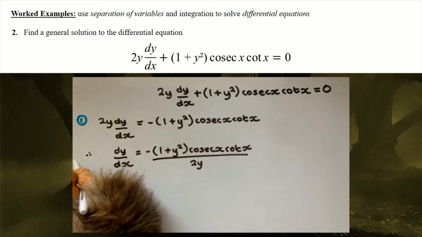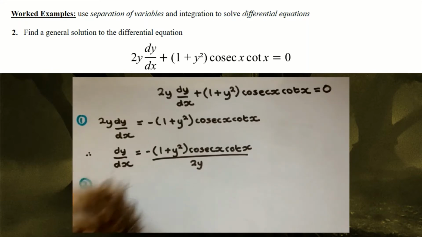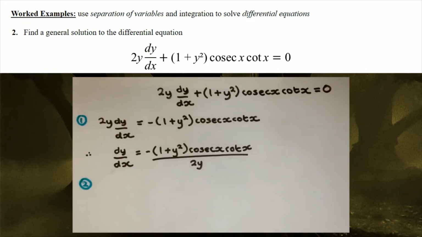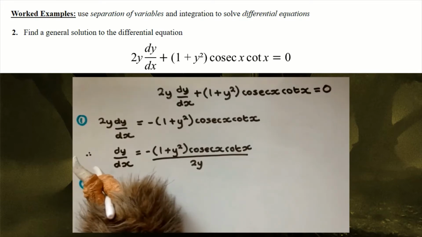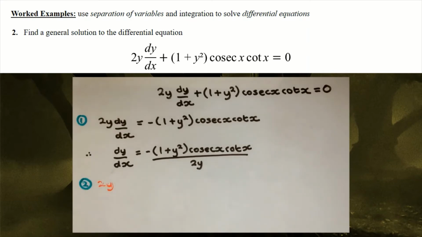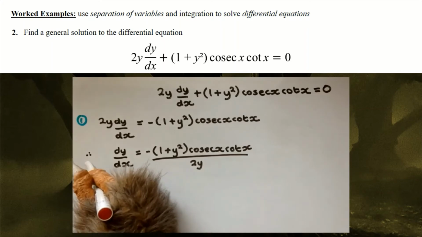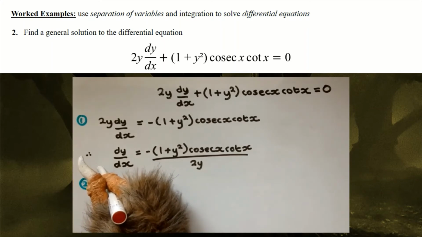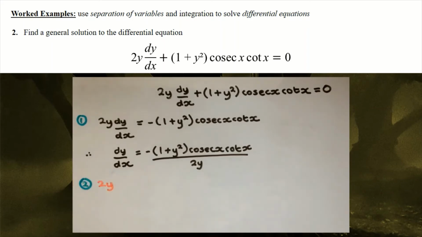So step 2. So we'll put the 2y back, so I'll do that in red. So we're going to have 2y dy by dx. I hope you can see that. I've got another red pen here, let's try this. Bit better maybe.